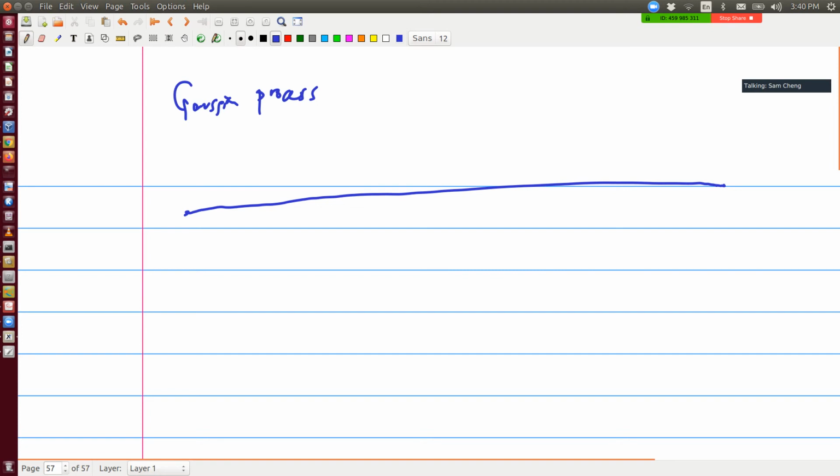I'm not explaining the Gaussian process in a rigorous way, just a non-rigorous way to look at this thing. You can think of a Gaussian process as basically a one-dimensional discrete signal here. So I discretize the time axis, and each of them is a Gaussian random variable, and they are jointly Gaussian.